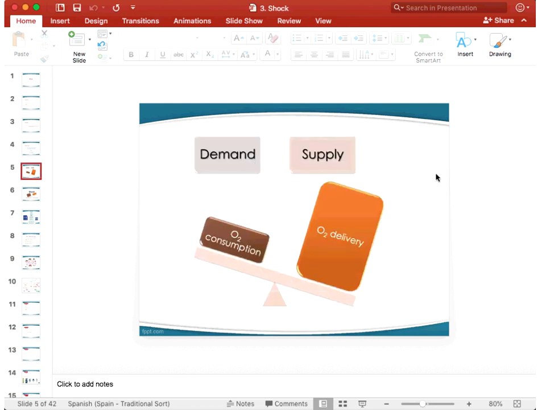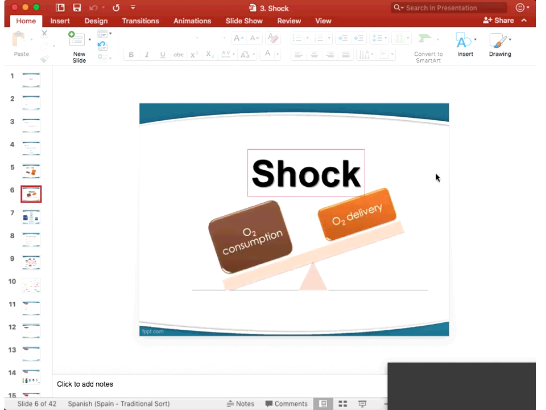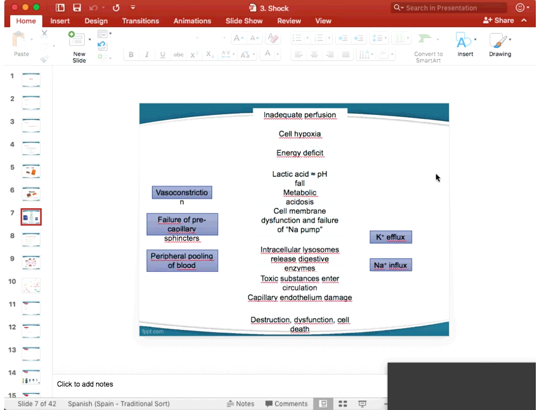So there's an imbalance between the oxygen delivery to the tissues and the oxygen that is being consumed by them. Shock is when the tissues are consuming a lot more oxygen than the one that is provided. So there's an initial vasoconstriction when the shock initially begins.